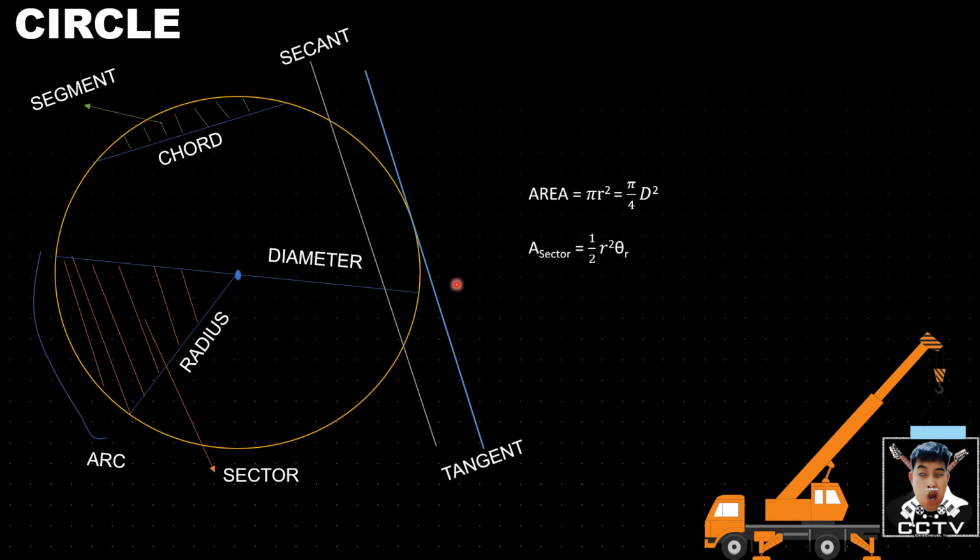Which is r is the radius and d is the diameter. And for the sector, 1/2 r squared times theta. Of course, hindi siya nakadikit sa trigo function, kaya ang theta natin is radian. Sa arc naman, ang length ng arc natin is radius times theta, which is yung theta dito.